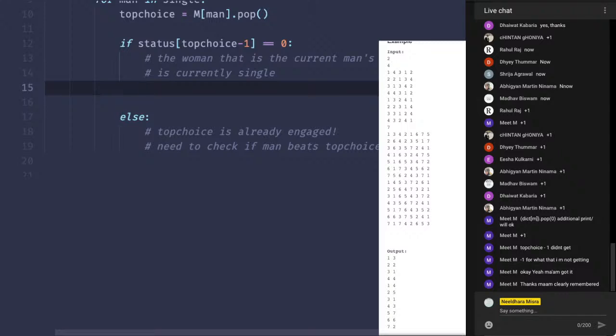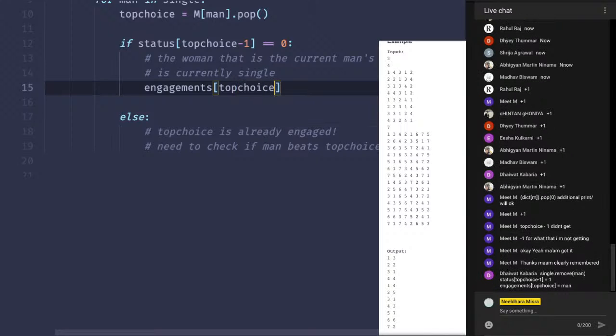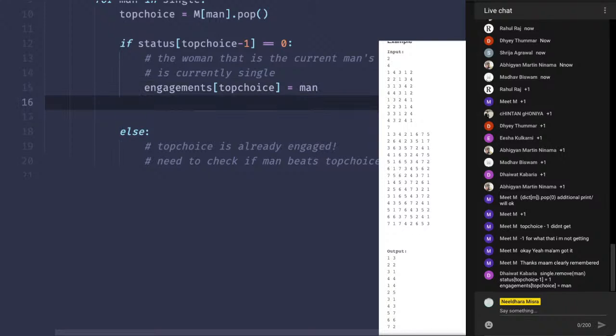So here what we are going to do is we make the engagement happen. So engagements of top choice, we say that top choice is now engaged to man. Yeah, exactly what Dhaivat has said in the chat. And because this engagement has happened, both the man and the woman status need to be updated.